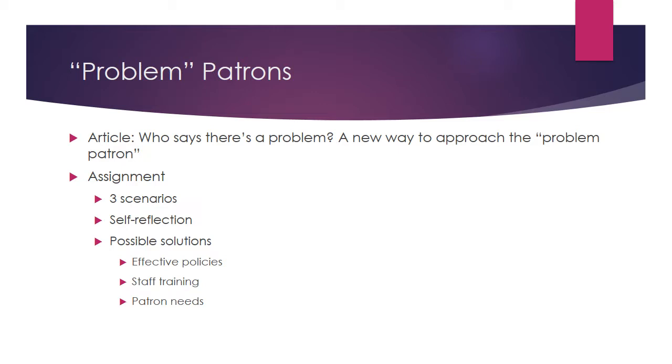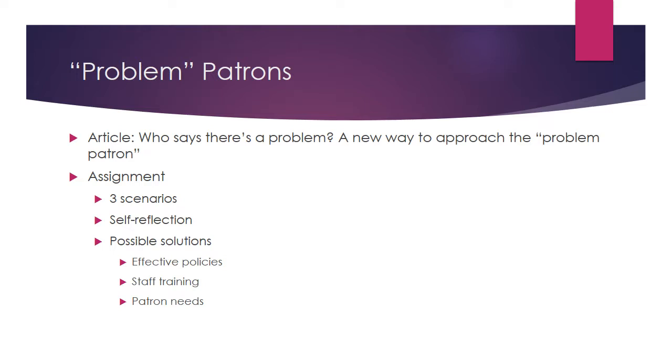In addition to responding to the scenario as in how you would actually respond in the moment, also think about the bigger picture. Are there other possible solutions that maybe wouldn't come in the moment but might come in a larger sense? Are there effective policies that could be written to help the particular scenario?